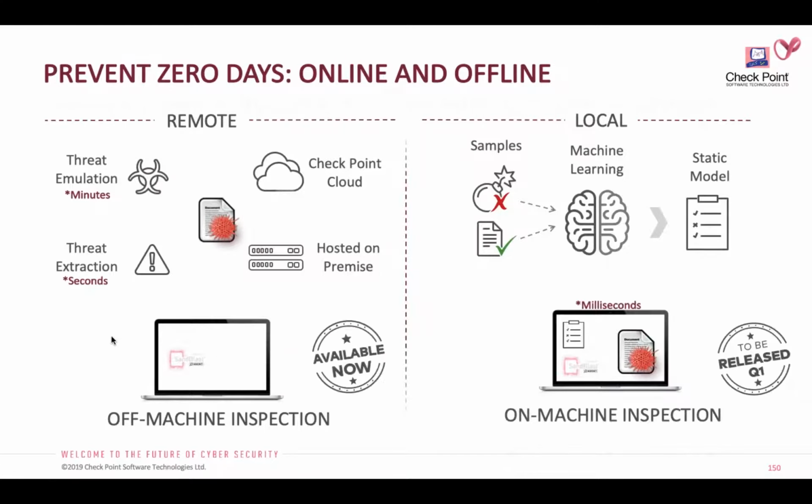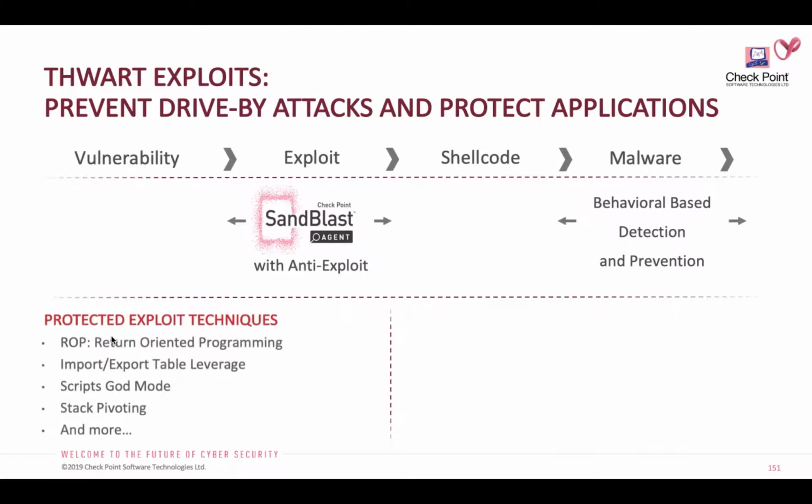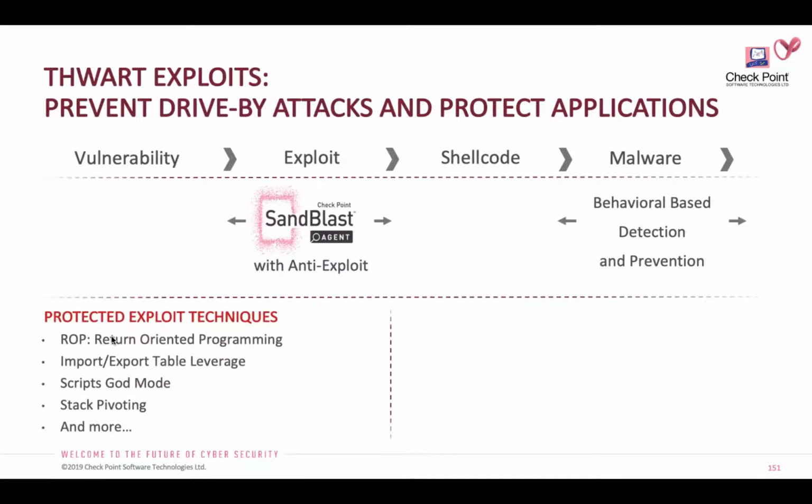So going on, with the anti-exploit in place, you'll be able to detect and block all the file-less attacks. Generally, it's not very difficult to block the file-based attacks because you already have the signature-based detection working on it, right? So when it comes to file-less attacks, you need anti-exploit module.